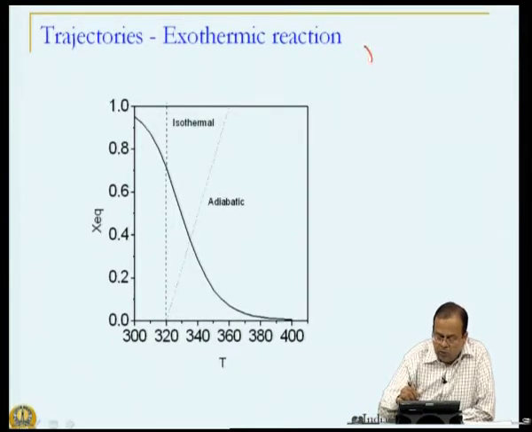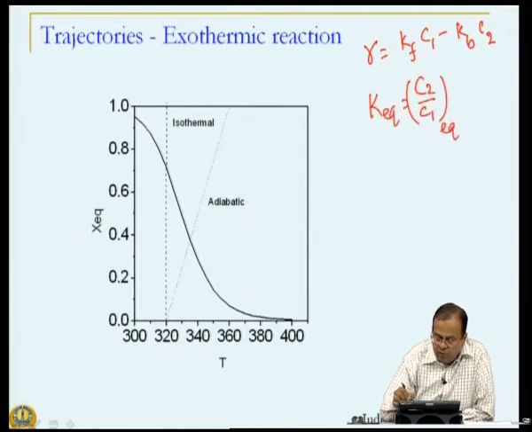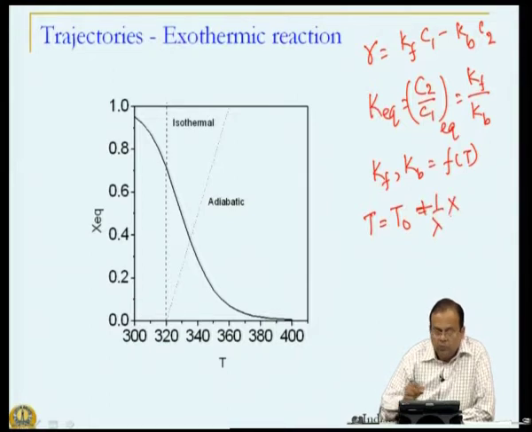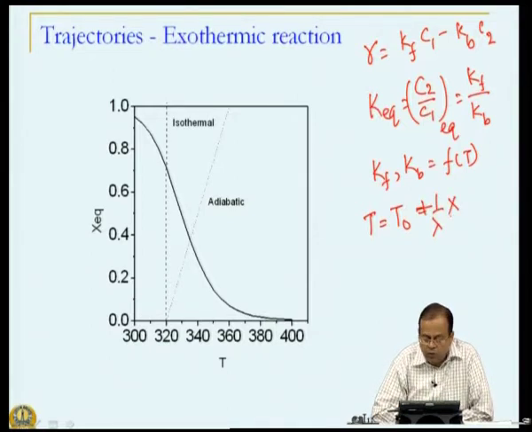So, let me rewrite: we have K equilibrium, which is C2 by C1 at equilibrium, which is Kf by Kb. We also have Kf, Kb, which are functions of temperature, and for an adiabatic operation we have lambda into x.